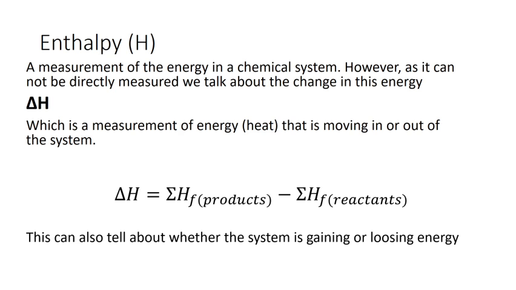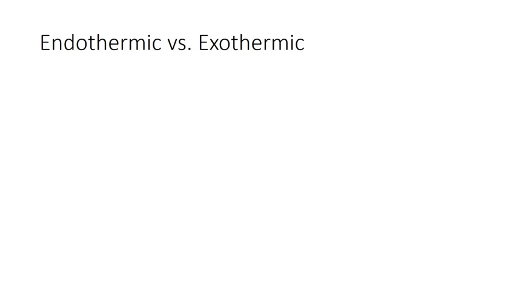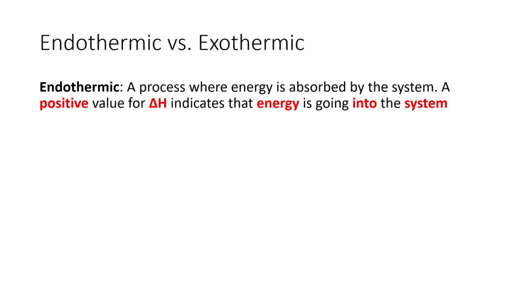This can also tell us whether a system is gaining or losing energy, based on the sign. So these two terms: endothermic versus exothermic. Endothermic is a process where energy is absorbed by the system, or moving into it. So there is a positive value for delta H, because it indicates that energy is moving into the system.